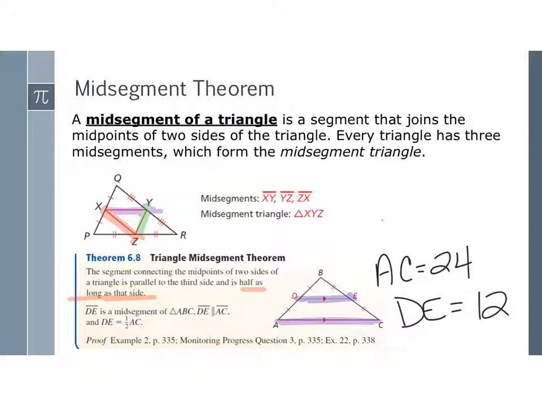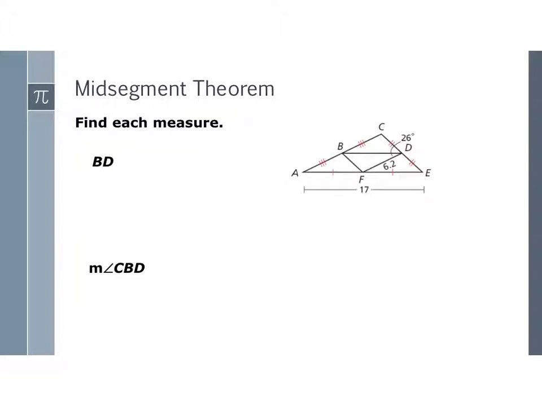When I do number 17, midsegment theorem, find each measure. So we're going to find BD first. The first thing I'm going to do is highlight BD, and I'm going to try to find the side that is parallel to it, which is AE.